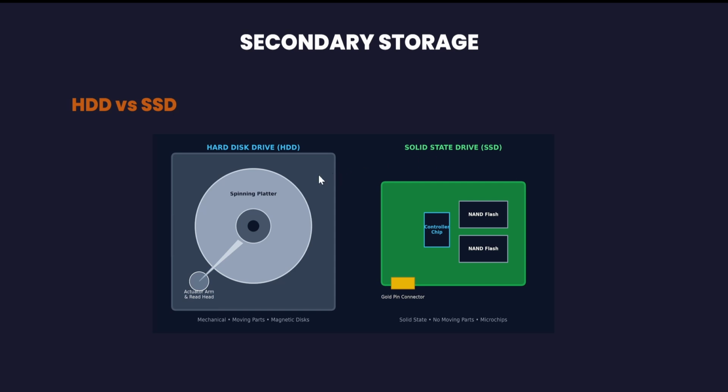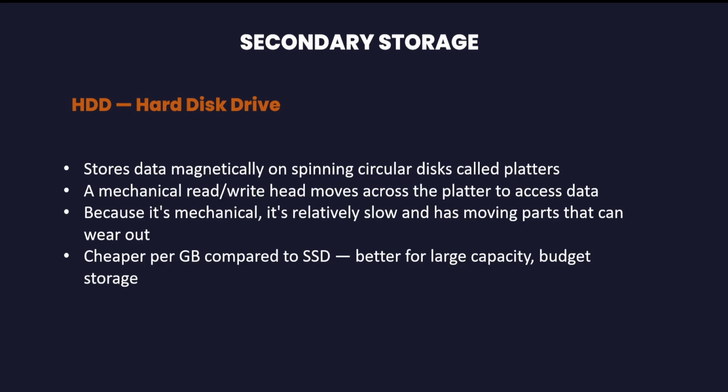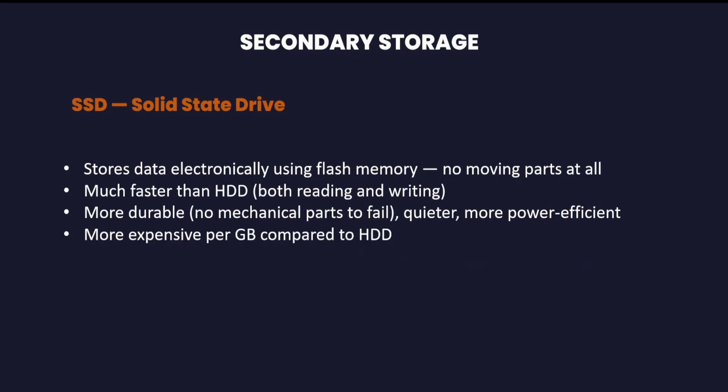This is a hard disk drive, and this is the platter where data is stored. And this is the head, which moves across the platter to access the data. Because it is mechanical, it is relatively slow and has moving parts that can wear out. Cheaper per GB compared to SSD, and therefore HDD is better for large capacity and budget storage.